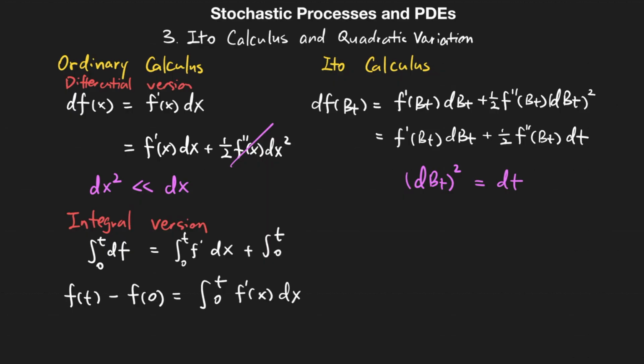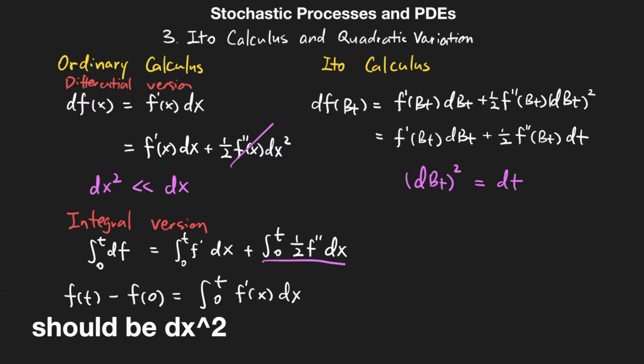You can write that as half times the second derivative of f times dx squared, but that equals 0. So that is the reason we get the fundamental theorem of calculus: only the first order term survives in this integral version. We will show this result later.